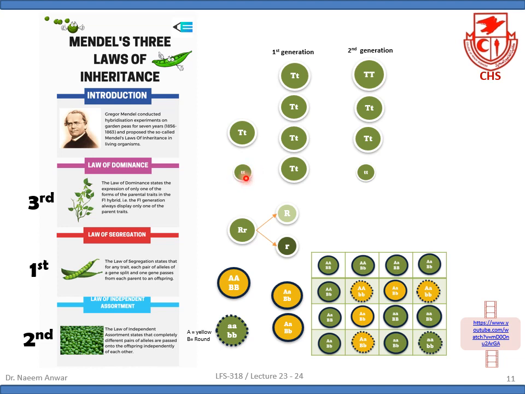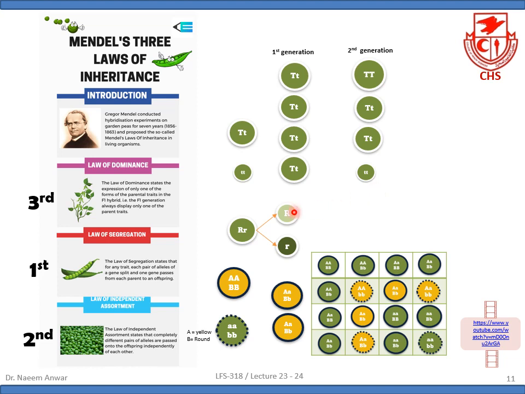So let's say if we mate these two, then the first generation will be a tall one having the dominant gene, capital T. If we have the second one, you can see that here it will be again tall having these dominant alleles, while it also will have this recessive one with a short phenotype.